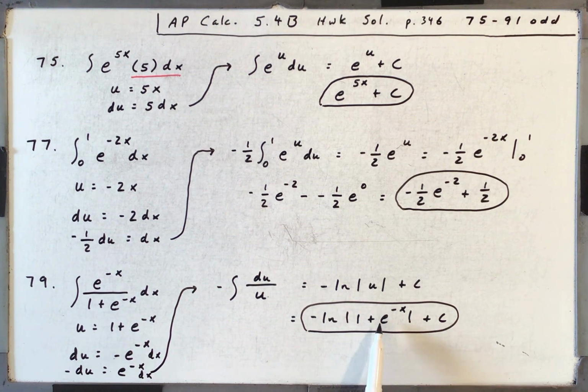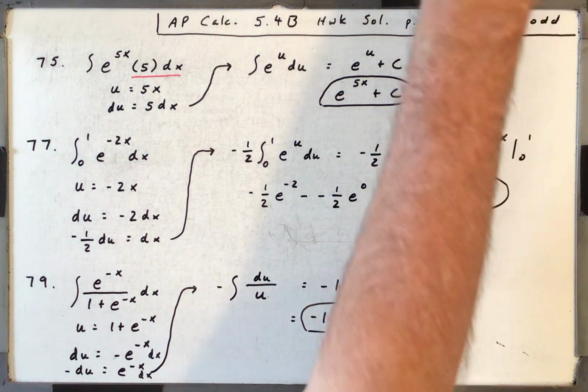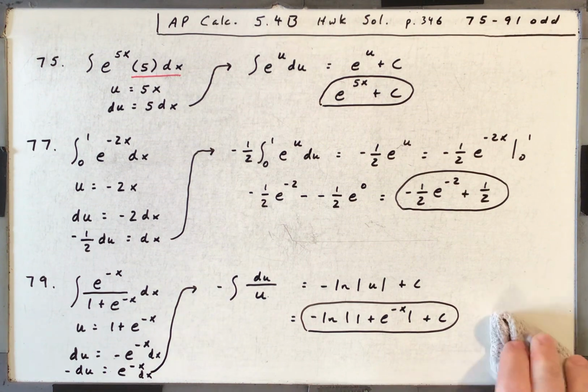You take the derivative of that, and you can see you can get right back to this because it's going to be 1 over this quantity times the derivative of this quantity, which is minus e to the minus x, and then the negative out front would cancel, and then you'd be back to the original. So you always want to check when you can.